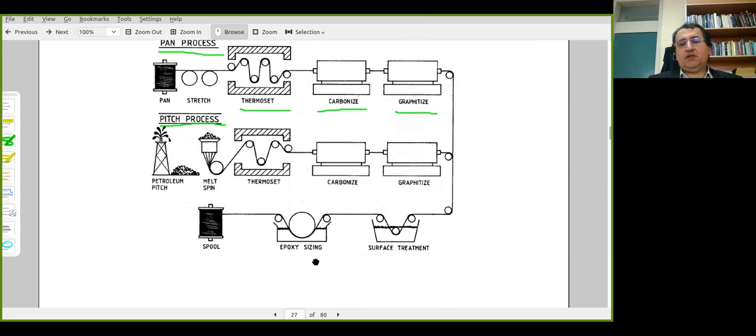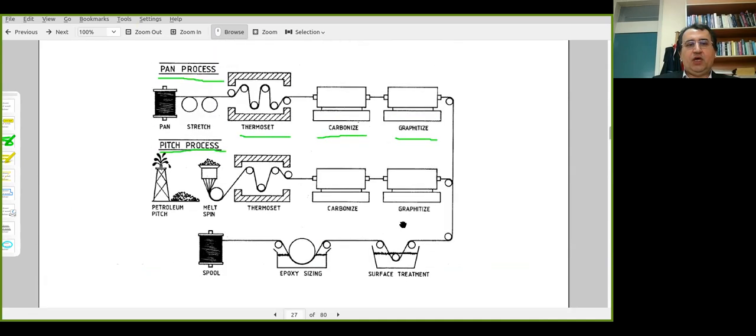Surface treatment and epoxy coatings are applied. These are done to prevent friction and abrasion between fibers and to facilitate bonding between the fibers and the matrix material in later production stages. That's a general summary of carbon fiber manufacturing.